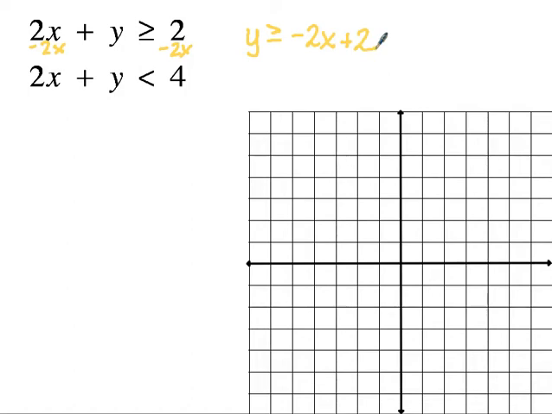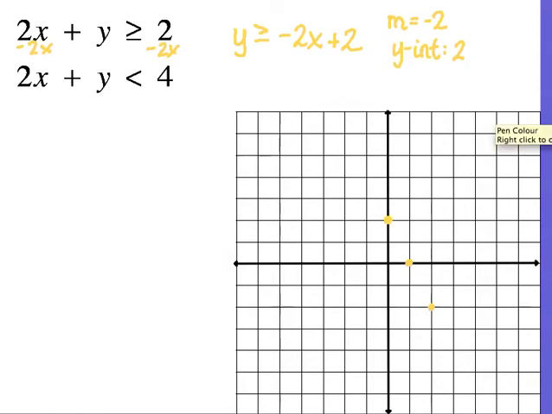What's my slope going to be here, folks? -2. What's my y-intercept? +2. Very good. So let's go ahead and plot +2. And then let's go ahead and draw a slope of -2, which means down 2 over 1. What type of line? Okay.